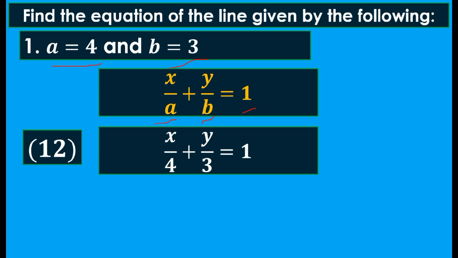So, ma'am, bakit 12 ang minultiply natin? Kasi, ang ating LCD ay 12 kasi 4 times 3 is 12. Then, multiply both sides by 12. Or you know what class, I can give you the shortcut way after this, okay? I'll give you the shortcut way para mas mabilis kayo.